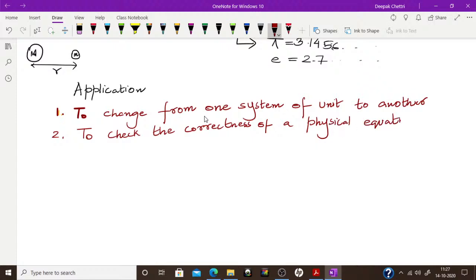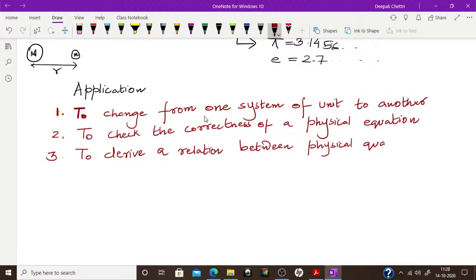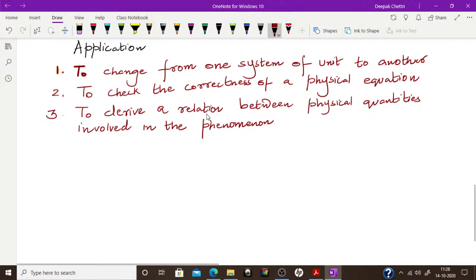And number 3 is to derive a relation between physical quantities involved in the phenomena. Okay, so we'll talk about each one by one.